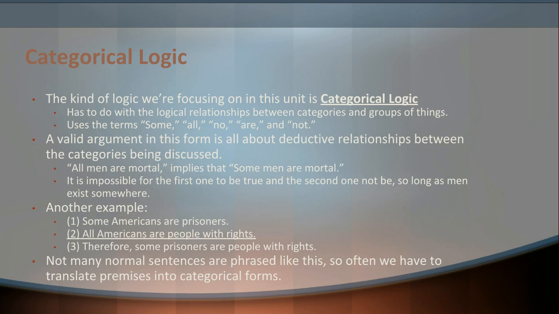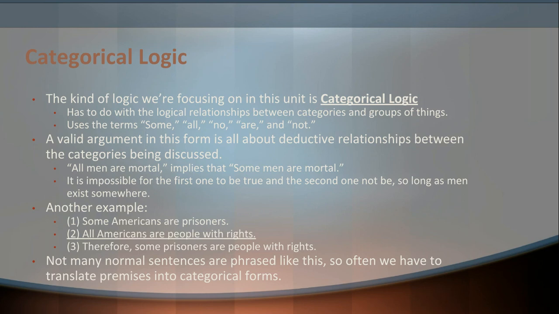We're talking about relationships that are guaranteed based on the truth of the things involved. Like, for example, all men are mortal deductively implies that some men are mortal. It's just a necessary relationship between those two categories. All men includes some men.